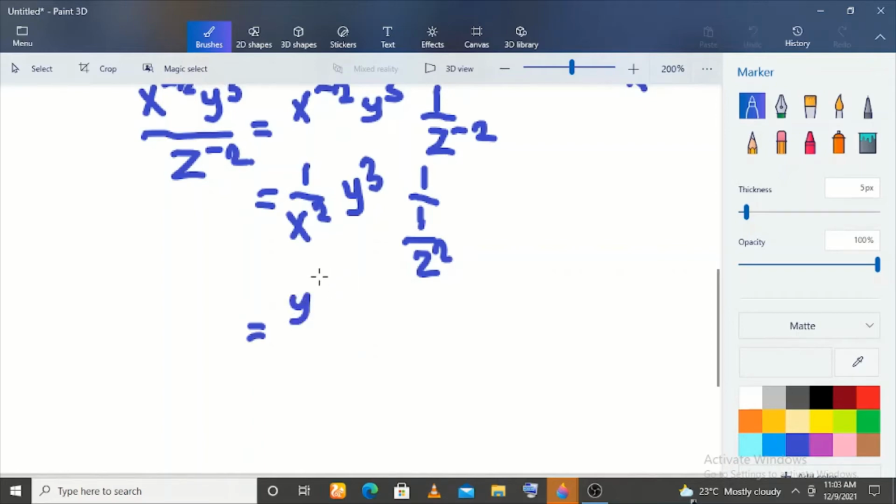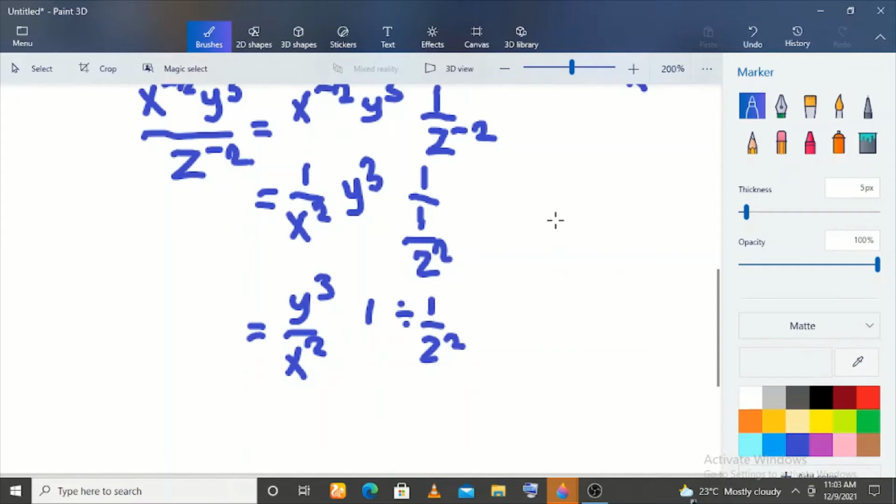You get y to the power 3 over x to the power 2, then you have 1 divided by 1 over z to the power 2. All right. So where do we go from here?